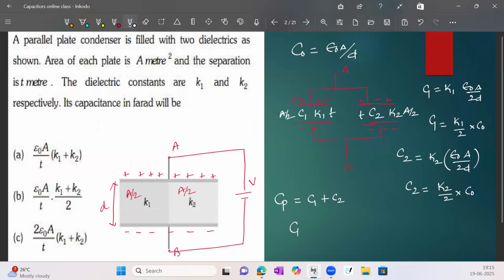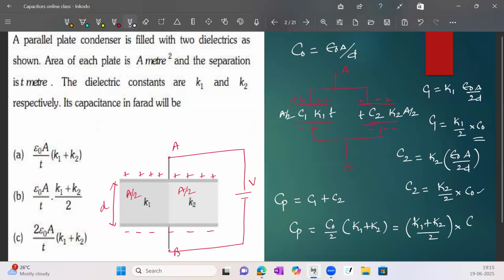If you take C naught by 2 common, it becomes K1 plus K2. So the equivalent capacitance is K1 plus K2 by 2 into C naught.